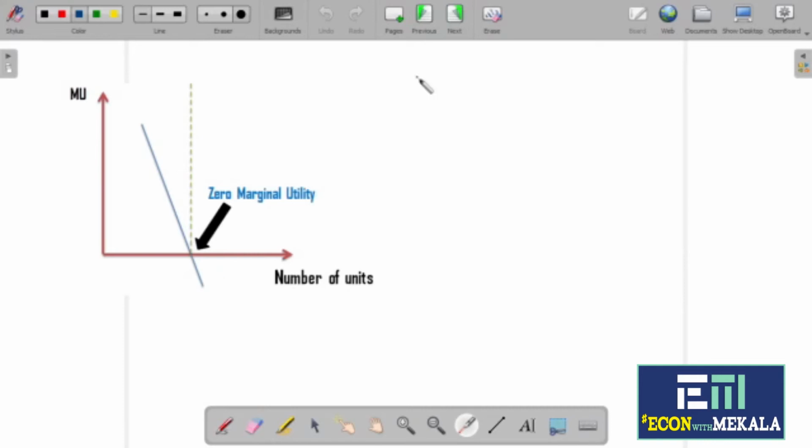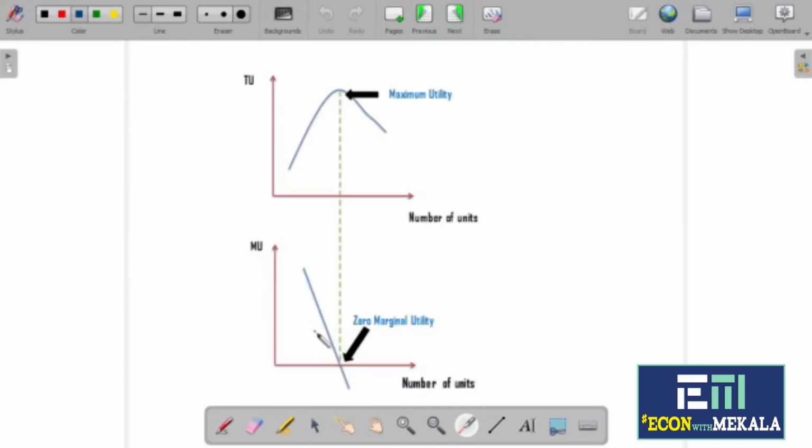If we combine these two graphs, this is how it works. When we consume more and more goods, what is happening to our total utility? It will increase, but our marginal utility will decrease. When our total utility comes to the maximum point, that is when our marginal utility reaches 0.